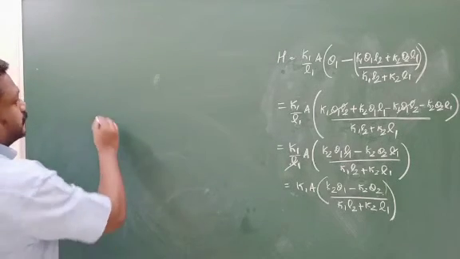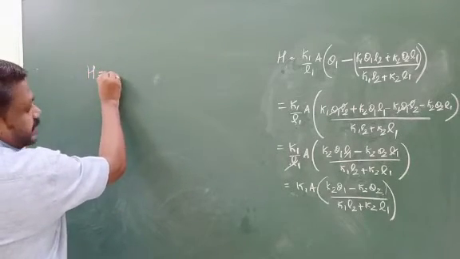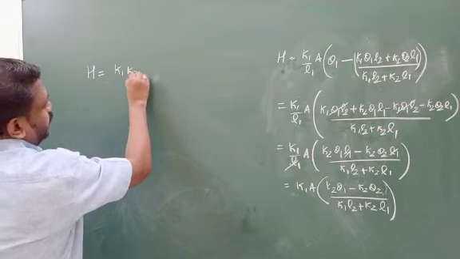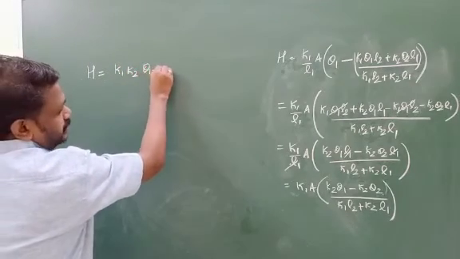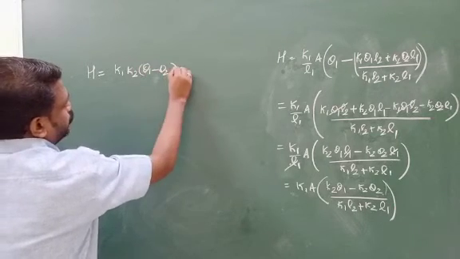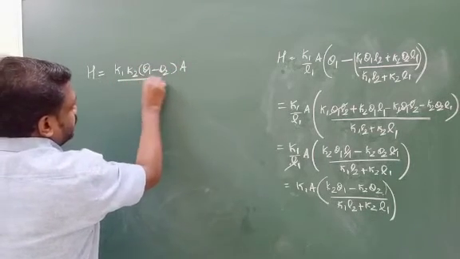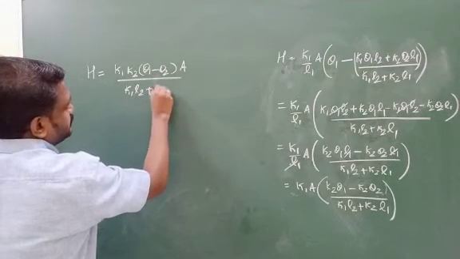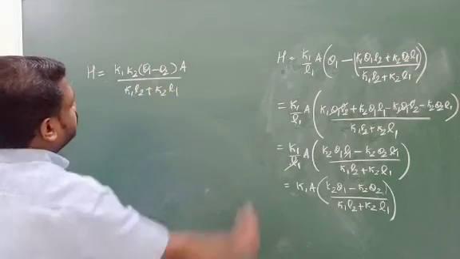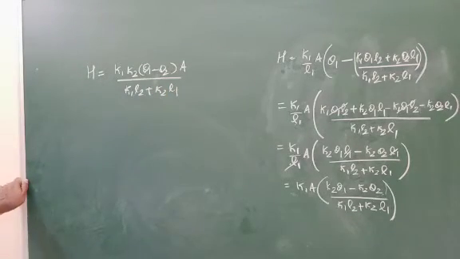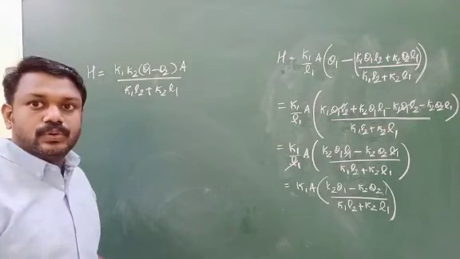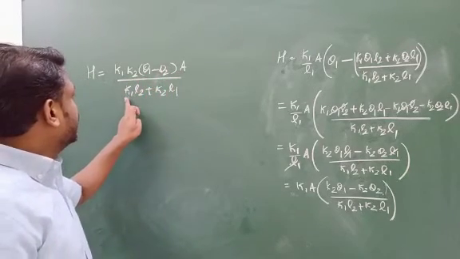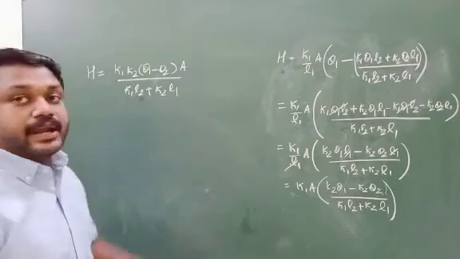Hence, H is equal to K1 K2 (theta 1 minus theta 2) A divided by K1 L2 plus K2 L1.